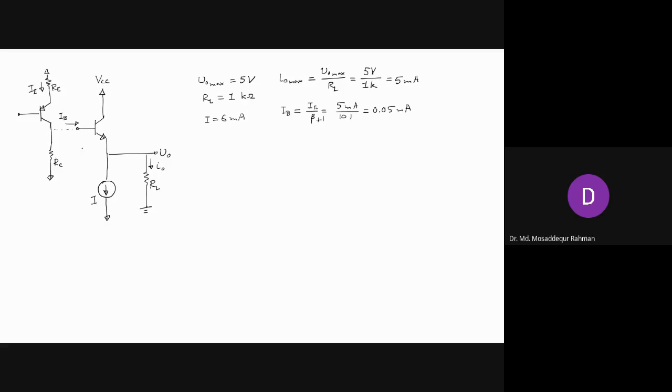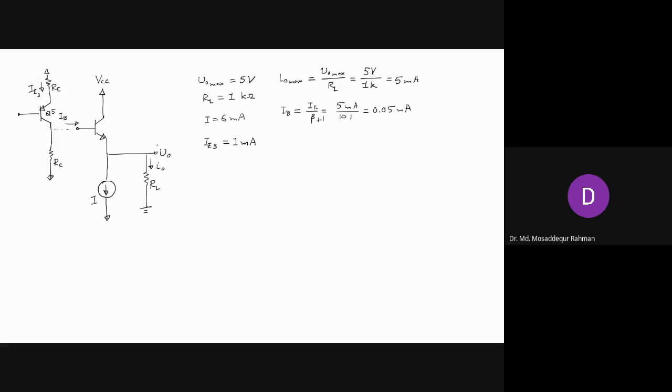Now this one, let's call it IE3. Q3 was there, this was Q5. Now, how much did we assume IE3 to be? In our previous analysis, we assumed IE3 to be 1 milliampere. Remember? That is how we designed this circuit.